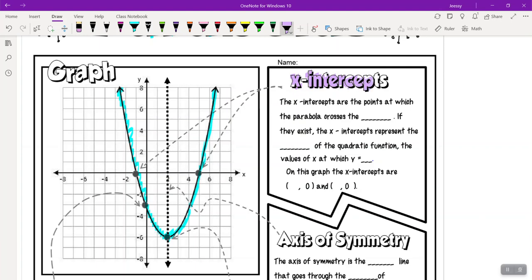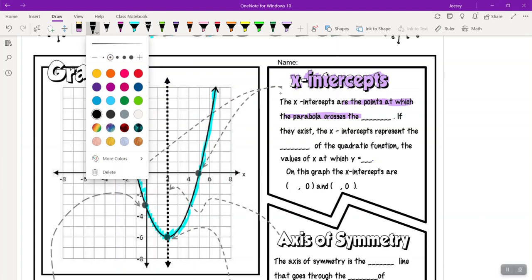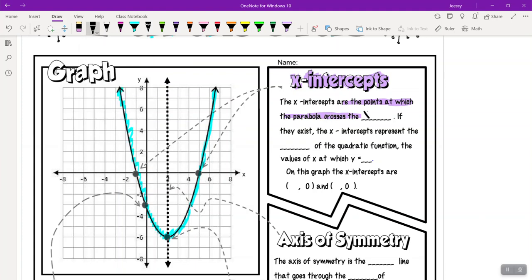are the same regardless of the function. The x-intercept is going to be the points at which the parabola crosses the x-axis. And we know this because we did this with lines, okay?